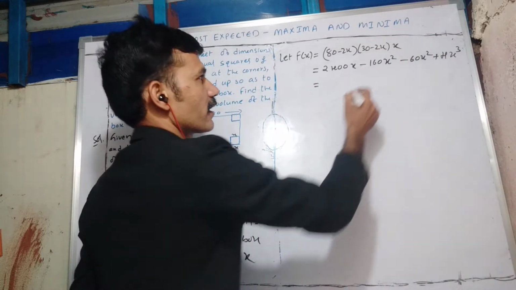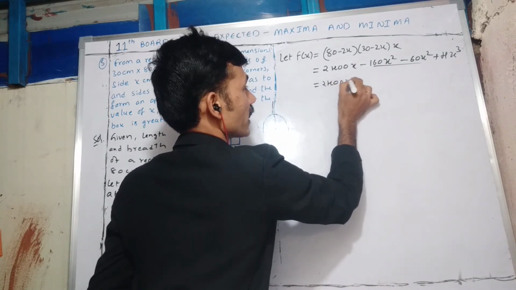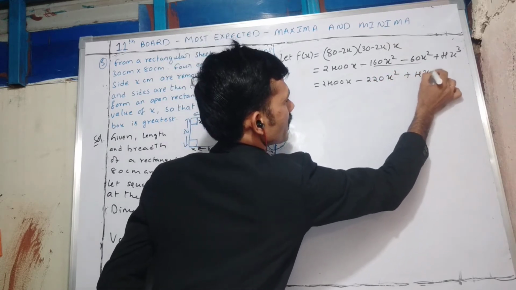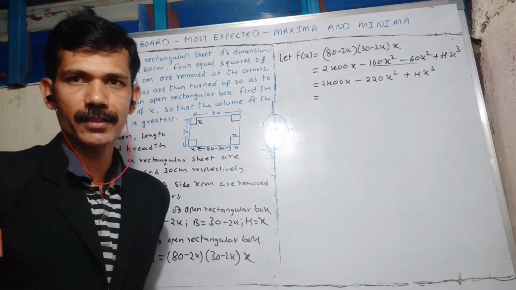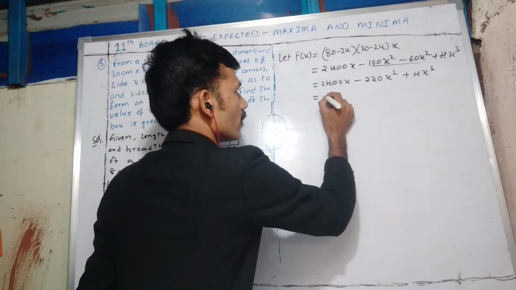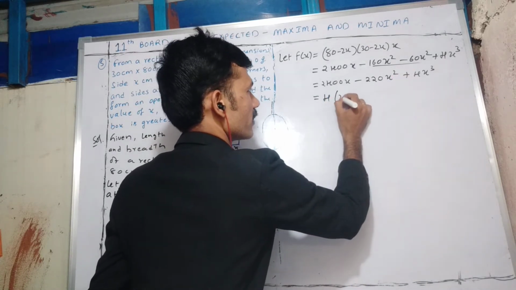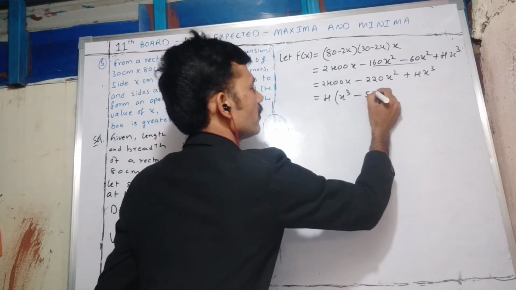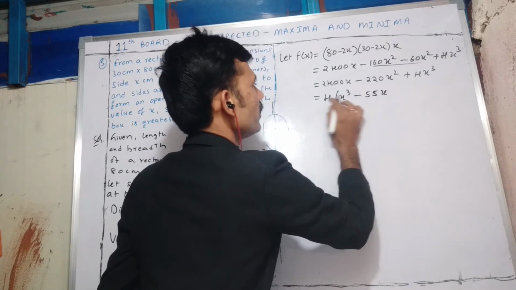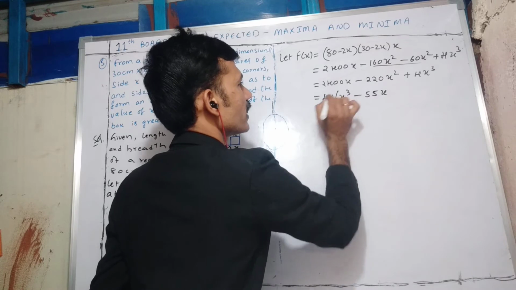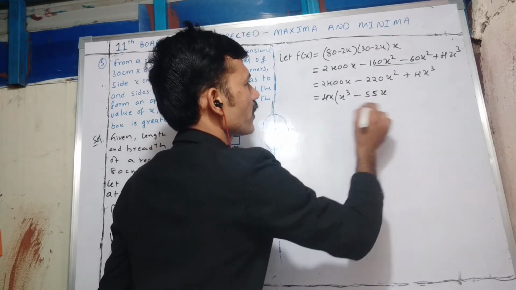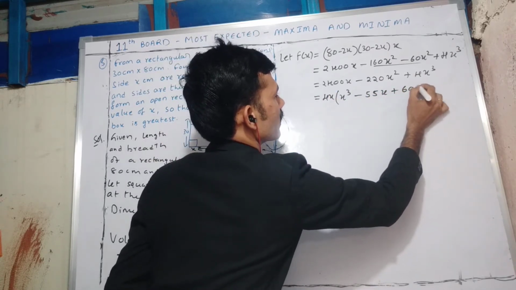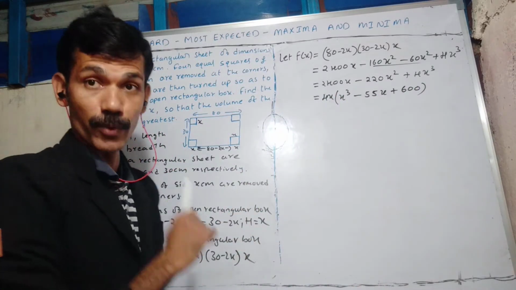Here like terms we can add: 2400x minus 220x square plus 4x cube. The common factor is 4, so we can take it common. Writing x cube first, 4 times x cube minus 55x square plus 600x. We take x common as well, so 4x times (x square minus 55x plus 600). We get this expression for volume.